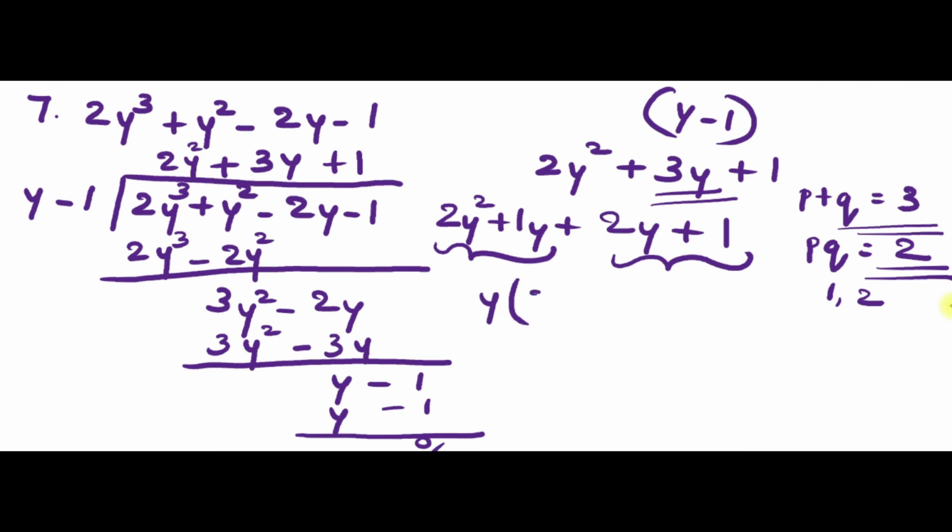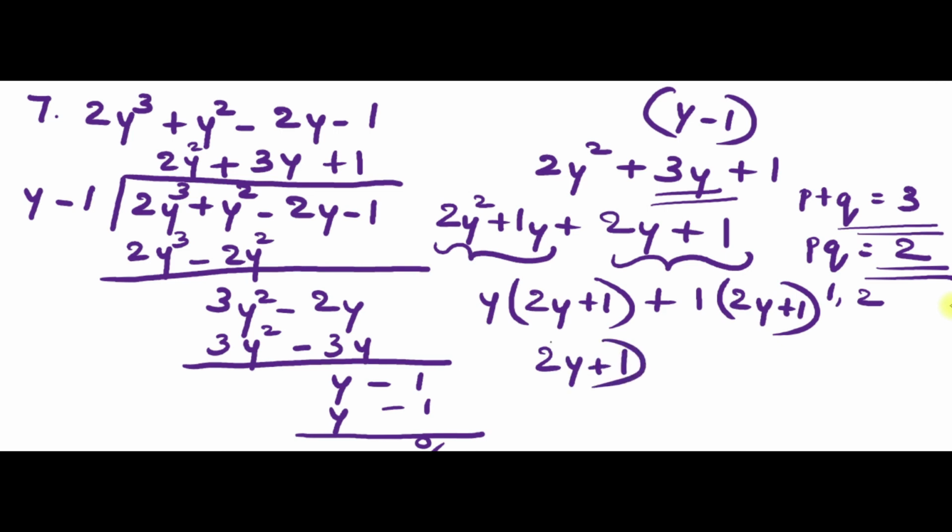The remaining terms are 2y plus 1. Here there is no common term, so I am taking 1 outside. So 1 multiplied by 2y plus 1. So I got 2y plus 1 as the common term and the other factor is y plus 1.